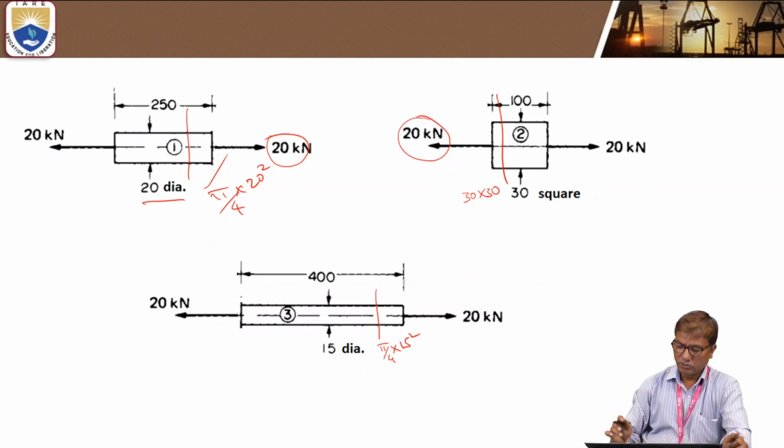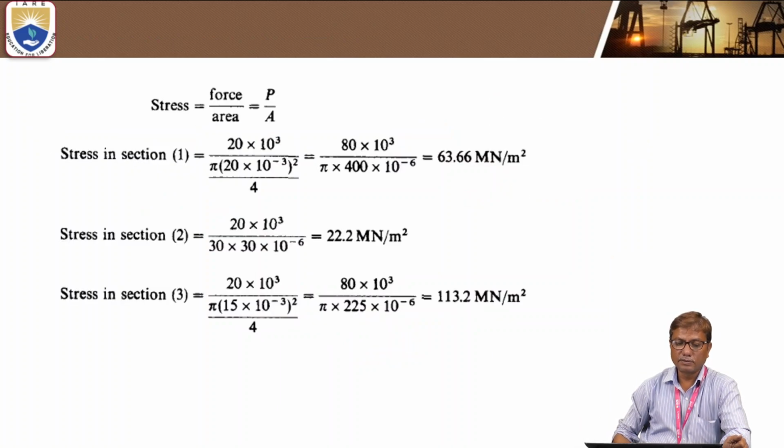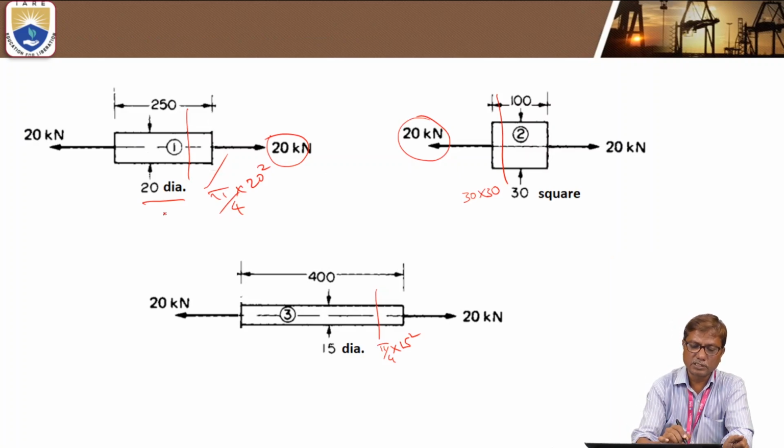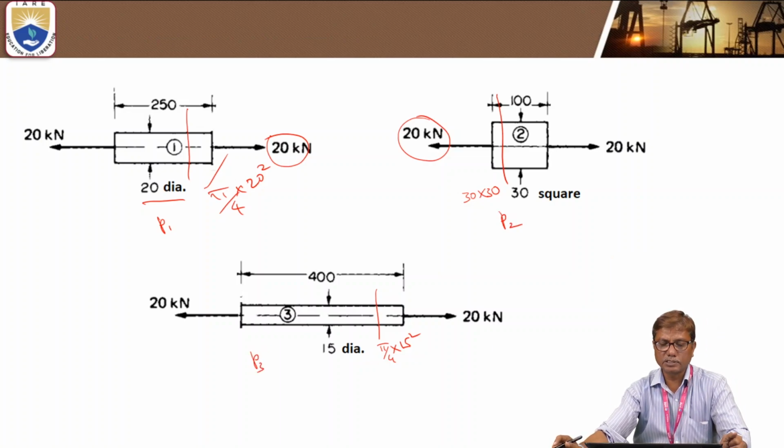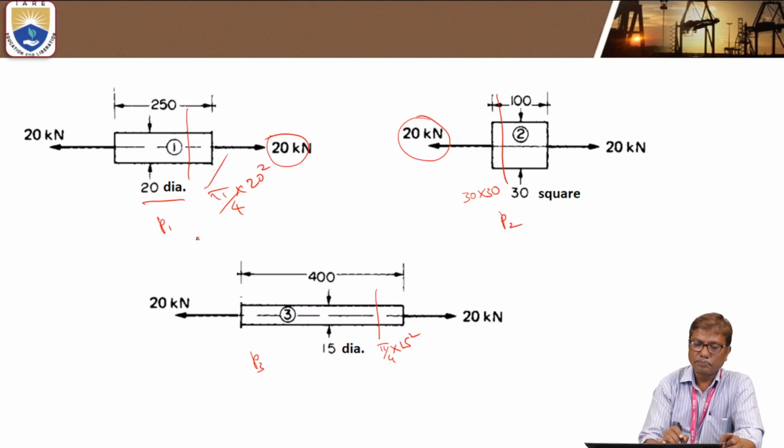Okay. So if the stress in bar 1 is represented as say P1, and stress in portion 2 is P2 and stress in portion 3 is P3. Then P1 is given by P by A1.